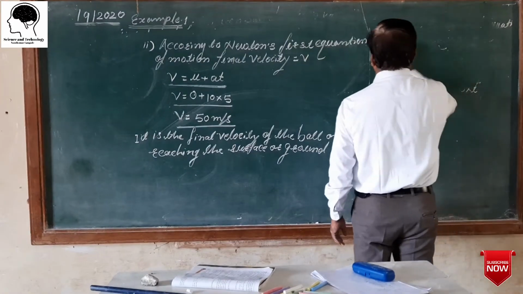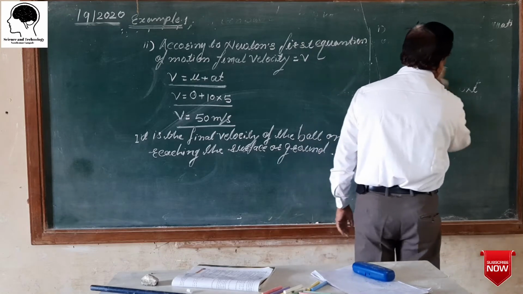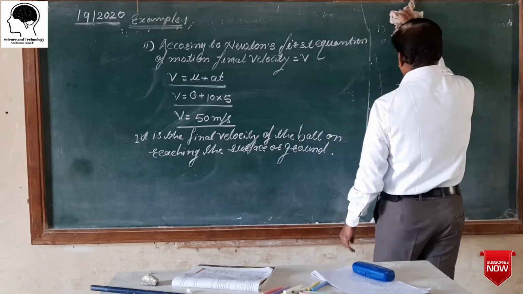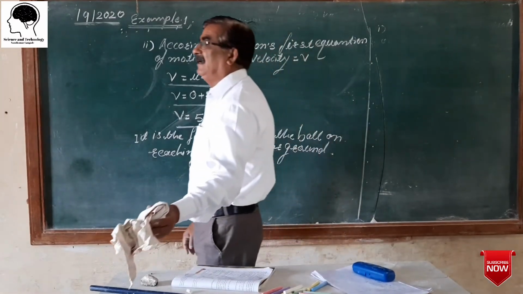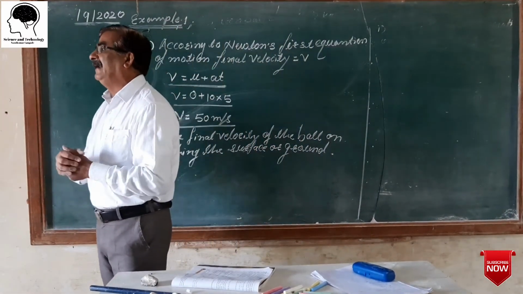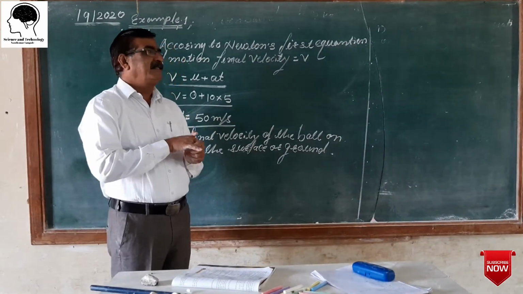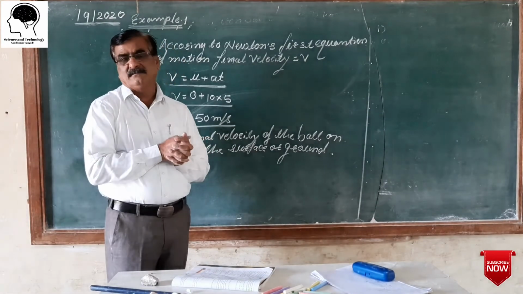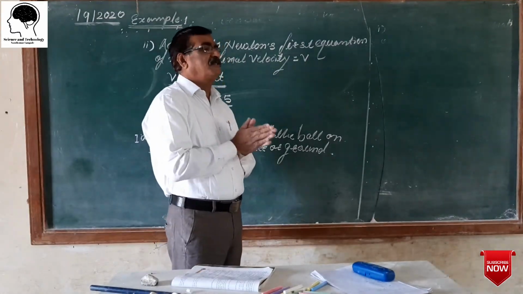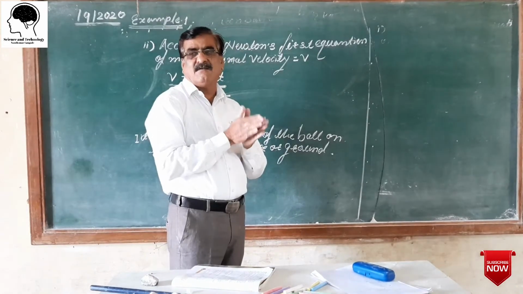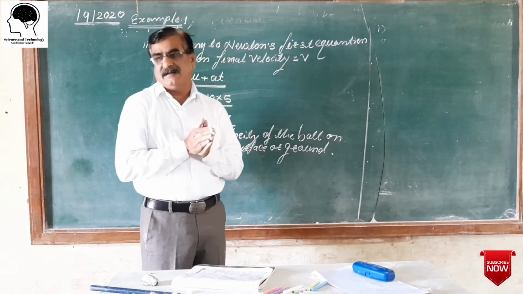The third question asked in this example is, when the ball is released from 125 meter height and is falling down, what is the distance, what is the height covered by that ball within half time?